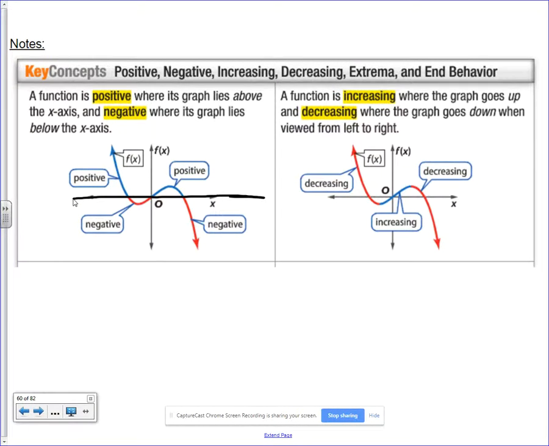Take your pencil and make your x-axis a little bit darker. If we are above the x-axis, what are we? What does it say there? Positive. Did everybody see that? If we are below the x-axis, what are we? Negative. Pretty self-explanatory. Fair enough? Yes? Okay. Go ahead and read the right-hand box to yourself, please.